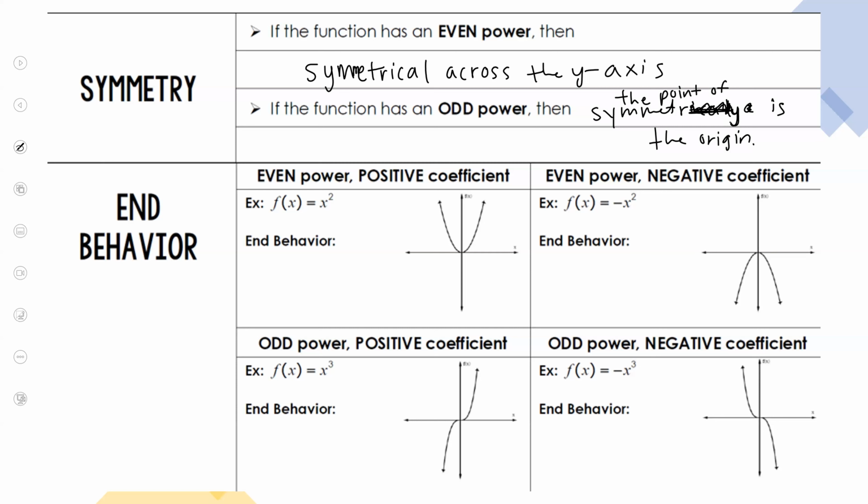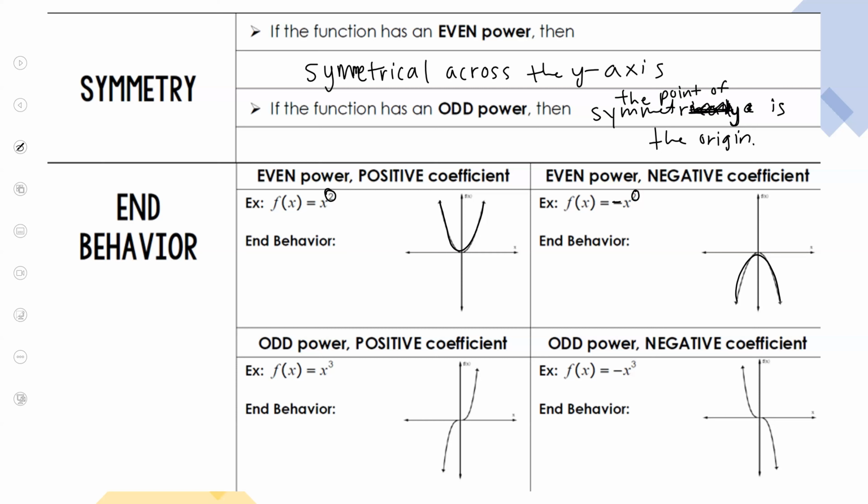Okay, now guys, last unit, we talked about end behavior. Looking at this graph here, this is an even power. Whenever you have an even power, your graph is going to look like this. If you have an even power, but there's a negative in the very front, it's going to face down. Okay, so let's talk about the end behavior.